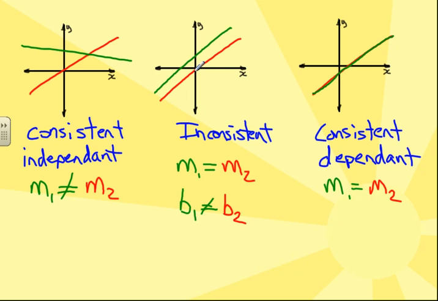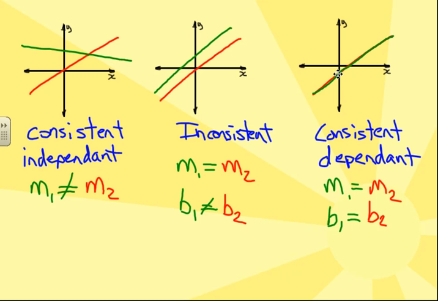Over here on the consistent dependent system, both lines cross the y-axis at the exact same spot, because once again, they are essentially the same line. That means the y-intercept from the first one is exactly the same as the y-intercept from the second one. And the consistent independent, your y-intercept can be the same, or it could be different. We don't know which it is.